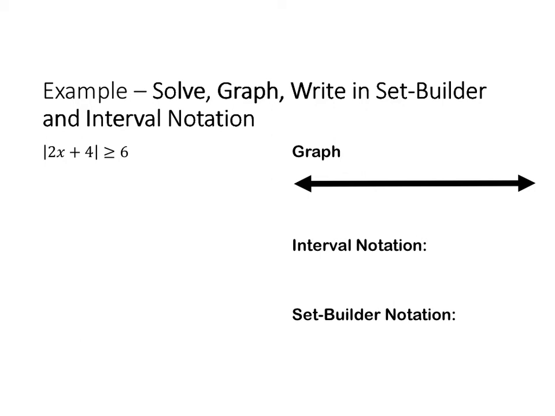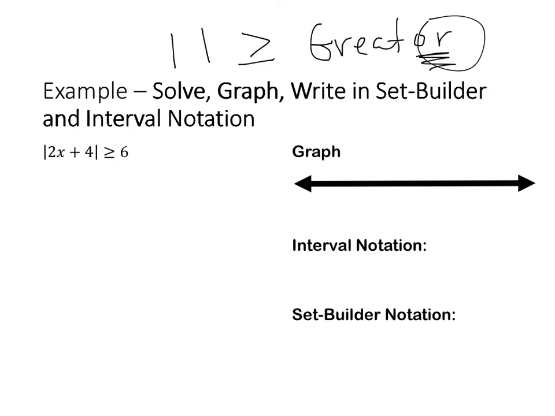So here's our first example we're going to work. We're going to solve, we're going to graph, and we're going to write it in set builder and interval notation. One thing to know when we have absolute value bars and the greater than symbol: less than is and, greater than is or. Remember, first objective, nothing but the bars and what's inside of them on one side of the inequality sign.